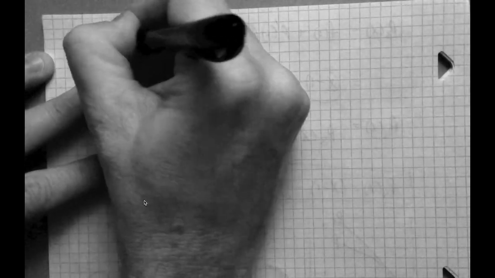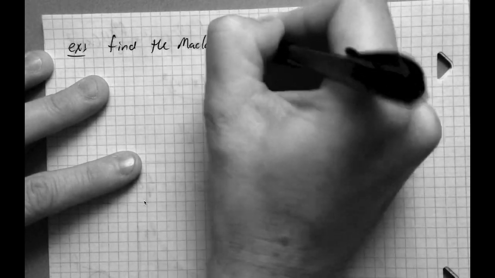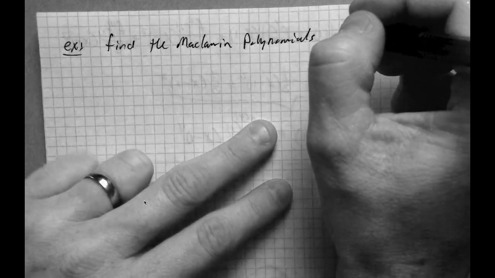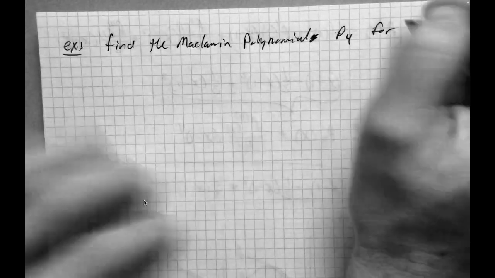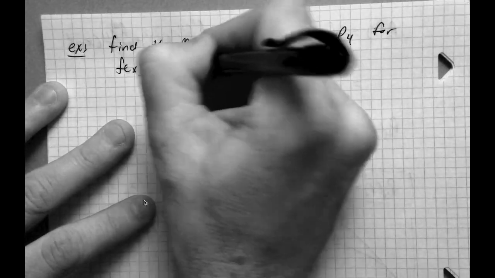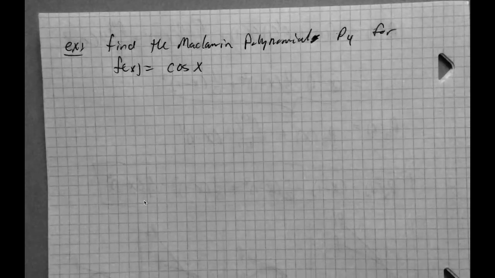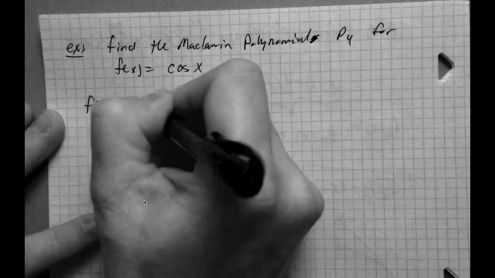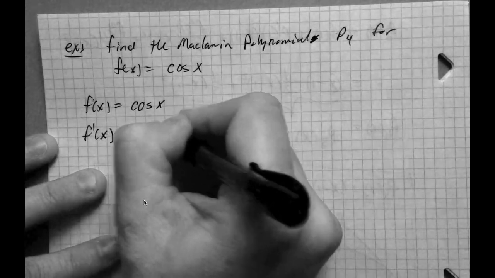Let's do another example here. Let's find the Maclaurin polynomial P4 for f of x equals cosine of x. Okay, so we just have to differentiate cosine, right? So f of x equals cos x. What does f prime of x equal? Well, that's the negative sine of x.